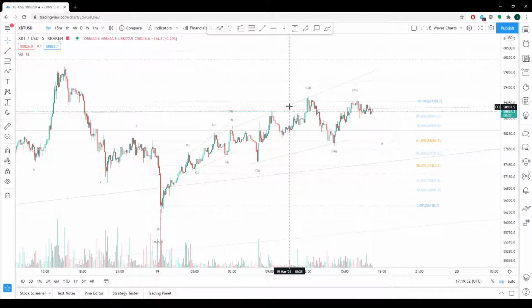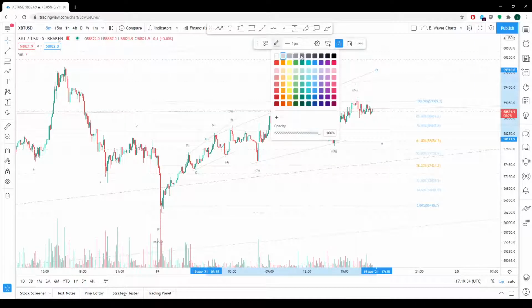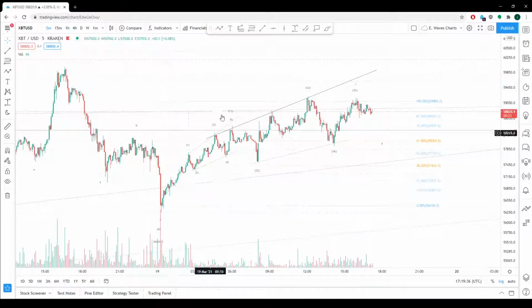So we get the same idea over here. That's wave 1 2 3 4 and then 5, and then 5 fell short of the trend line of 1 and 3. So as a target for wave 2, we can use the same target that this wave 2 has.